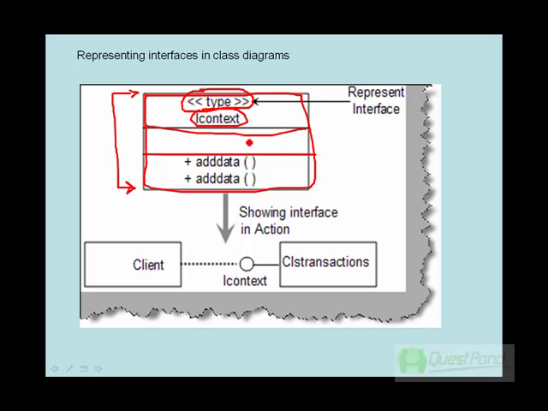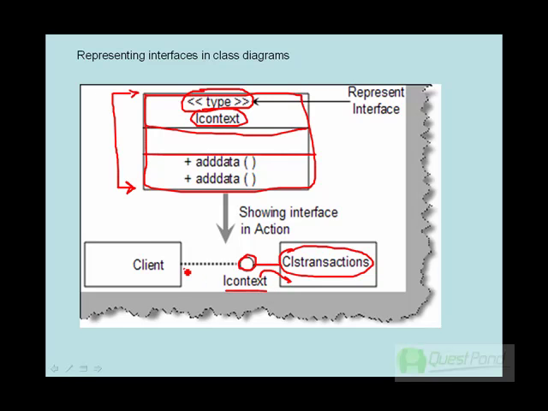If you want to show that the interface is being consumed by a client, that's shown by using a circle and then the strongly typed class, or the class which has implemented the interface. For example, here the iContext interface has been implemented by CLS transactions.